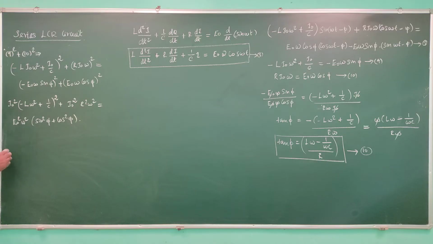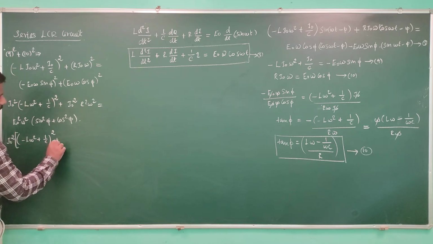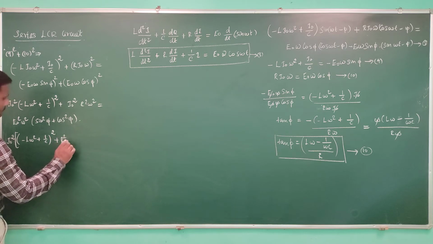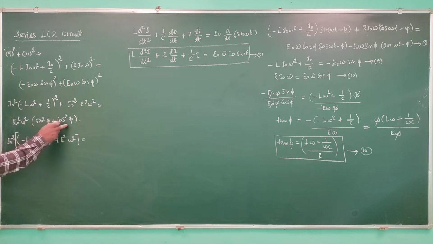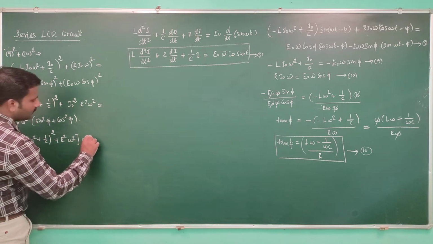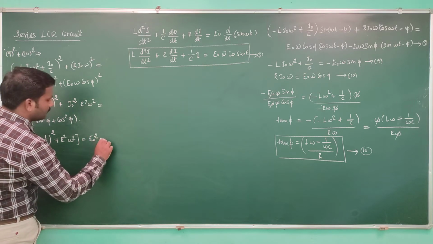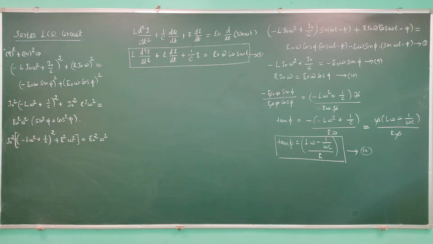then let's rewrite this equation like this. Let's take I naught square as common. What's remaining? Minus L omega square plus 1 by C the whole square plus r square omega square is equal to, since sin square phi plus cos square phi is equal to 1, what remains is E naught square omega square.